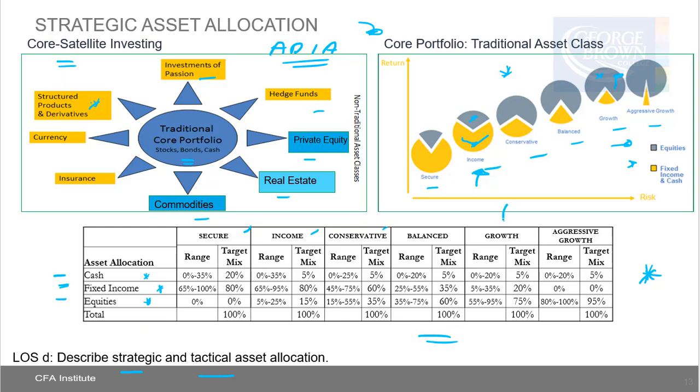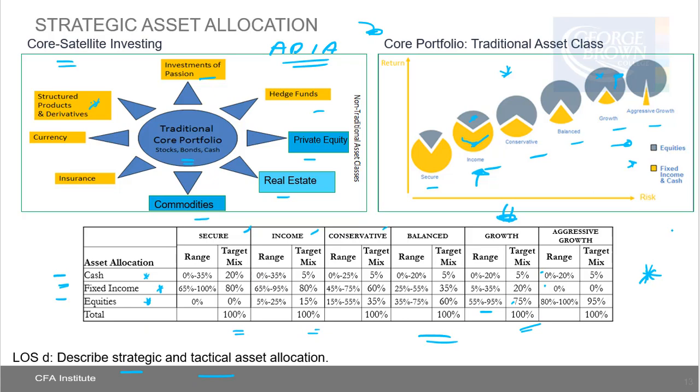If it is determined that the portfolio is going to be growth oriented, the range for cash is 0 to 20%, and we're going to keep 5% on hand. The range for fixed income, 5 to 35%, but our target mix is 20. And for equities, the range is 55 to 95%, so you can see very aggressive at the upper end of the range, but the target mix is 75%. And the target mix is always going to sum to 100%, okay?